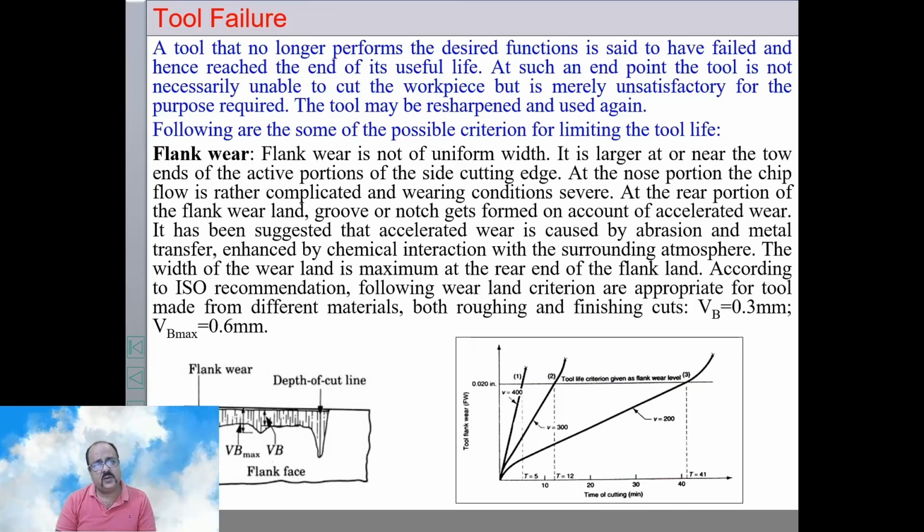The first criterion is based on flank wear that I have discussed right now. It says that if the flank wear of a tool, VB, is 0.3 mm or VB max has reached 0.6 mm, then we should reject the tool and continue with another tool. So this is the criterion using flank wear.